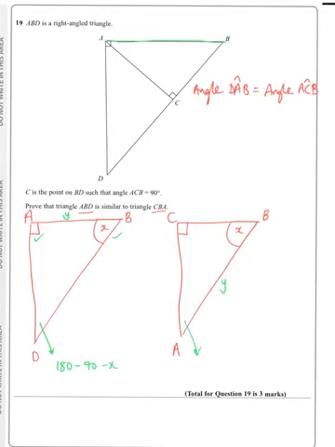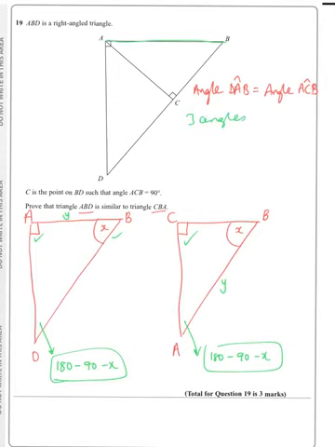But this angle here is also found by doing 180, which is the sum of all the angles, minus the right angle here minus the x. So all three angles are the same.